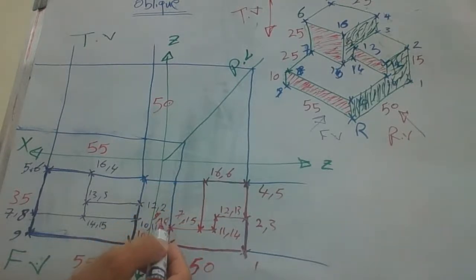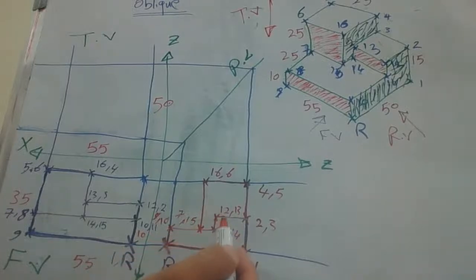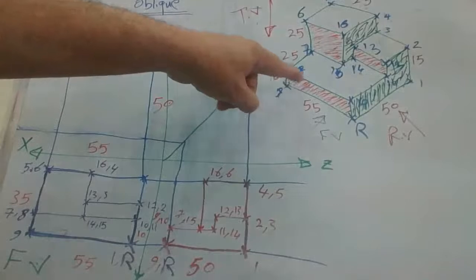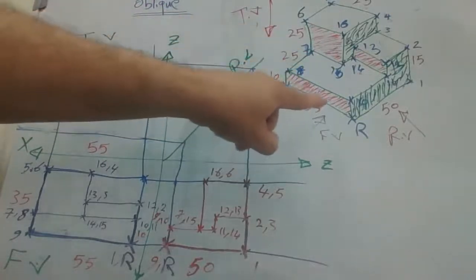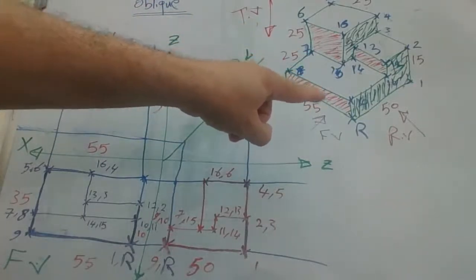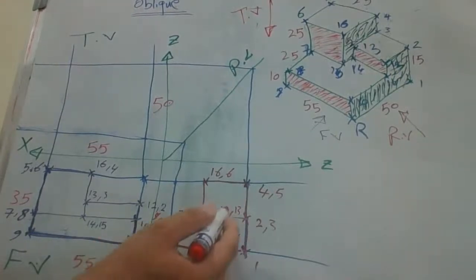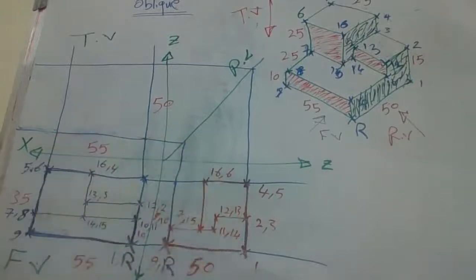What is point 9? 9 is behind R. All lengths in the width direction, perpendicular to the front view, are eliminated, so they disappear. 9, 10, 11, 12, 13, 14, 15, 16. All points appear here. That means the right side view is complete.